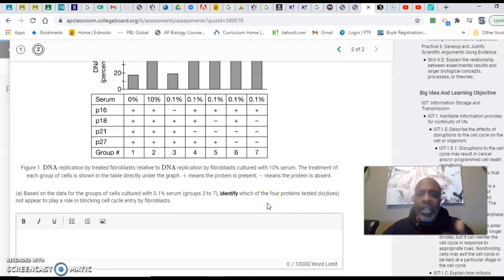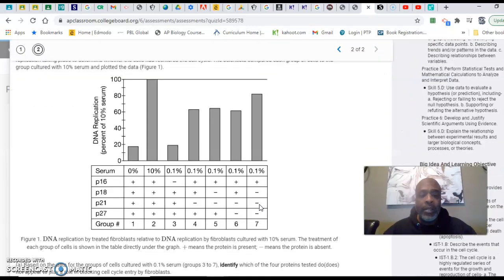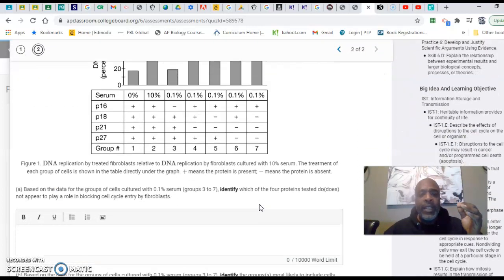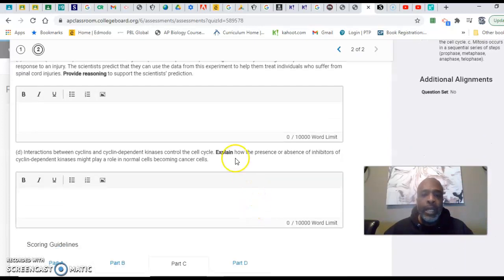So the presence of these proteins, which are cyclin dependent kinase inhibitors, could have an effect on uncontrolled cell growth, which is cancer. Okay, so it says explain how the presence or absence, and that's all you really have to say.